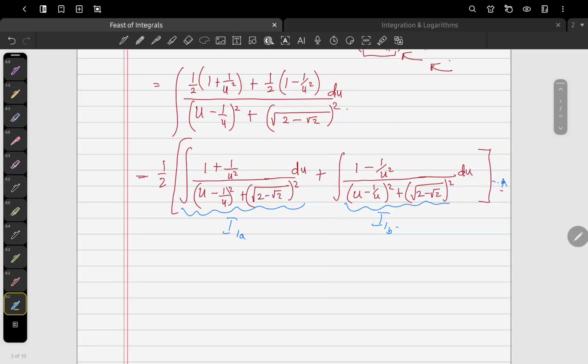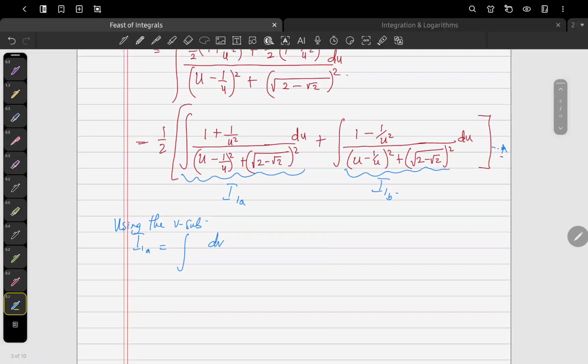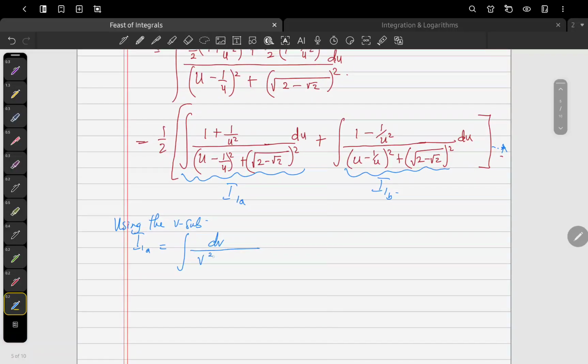So come back to this. I1a, using the v substitution, is the integral of 1 plus 1 over u squared du, which is our dv, over v squared plus square root of 2 minus square root of 2 squared.